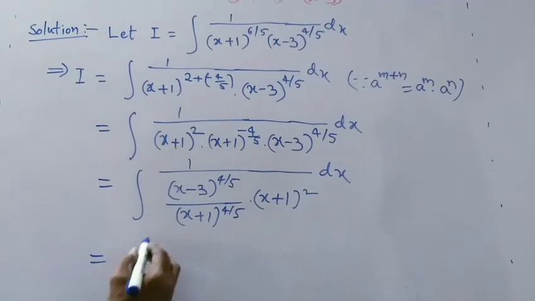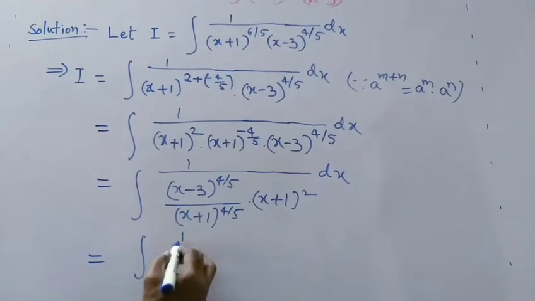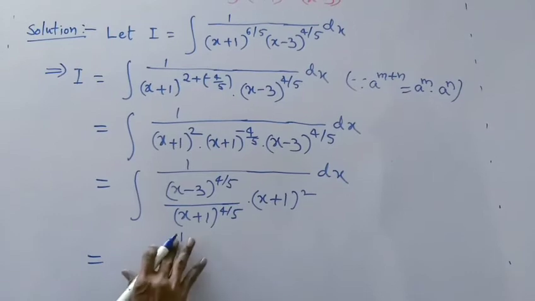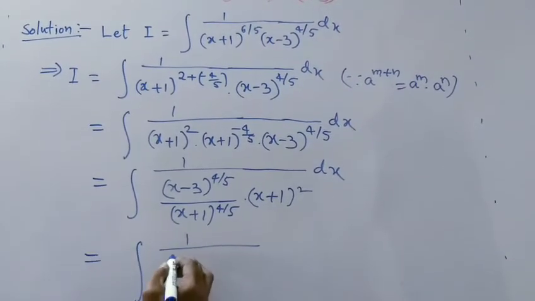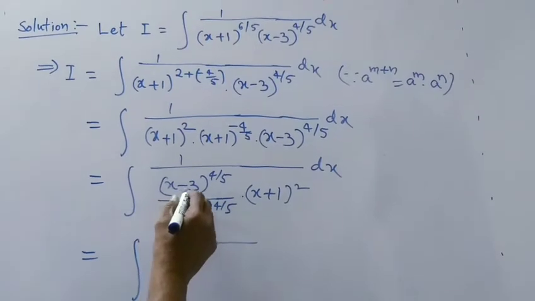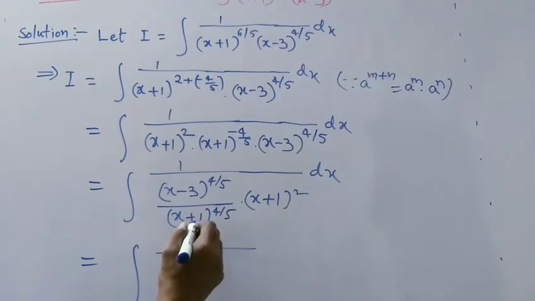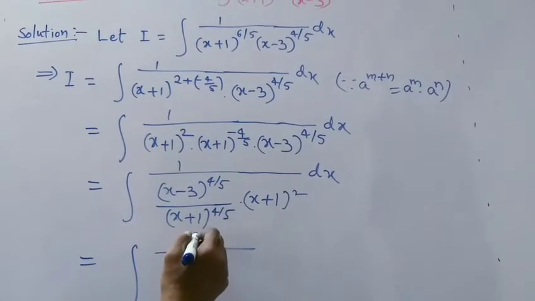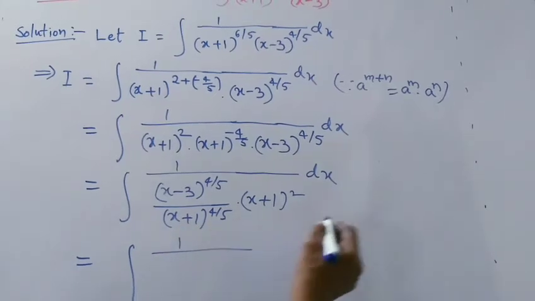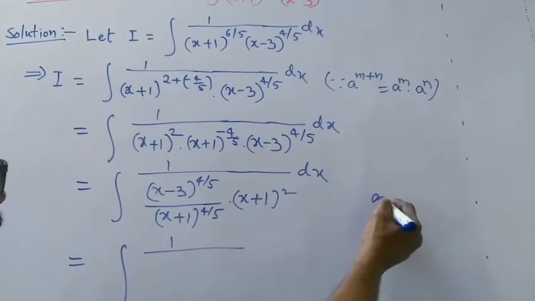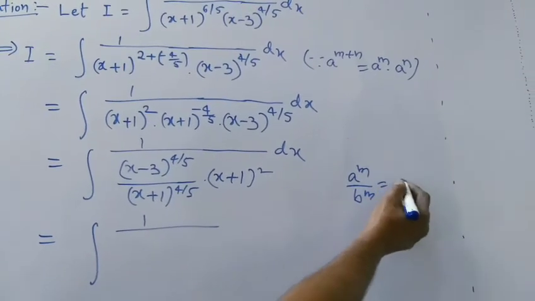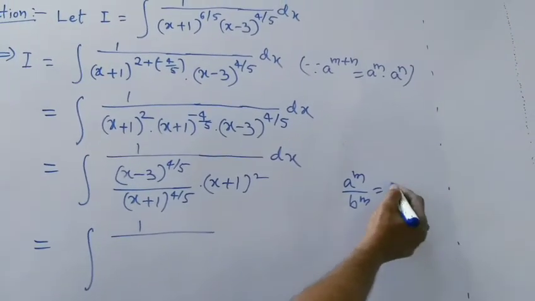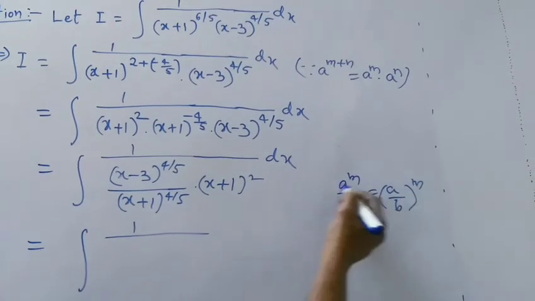This is equal to the integral of 1 by, here a to the power of m by b to the power of m becomes a by b whole to the power of m, since a to the power of m by b to the power of m is equal to a by b whole to the power of m.